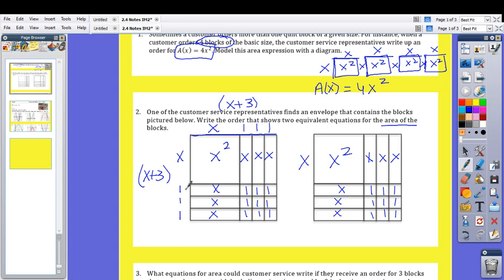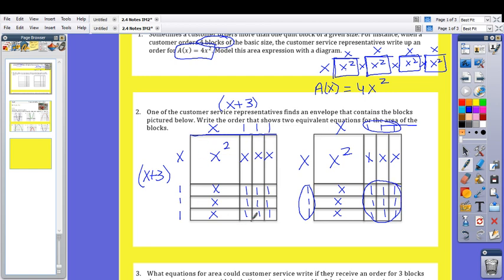Now this is x, these are all 1's, which is x plus 3 altogether. This is also x plus 3 altogether. Then you can also see 3 times 3 is 9. Okay, this is how you find out.